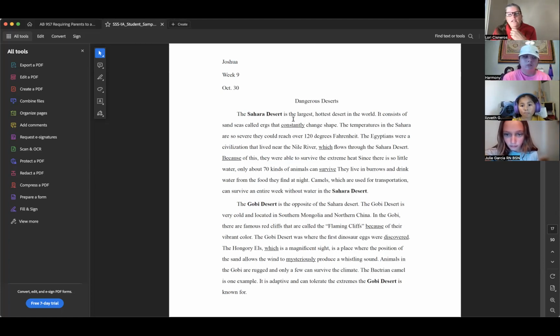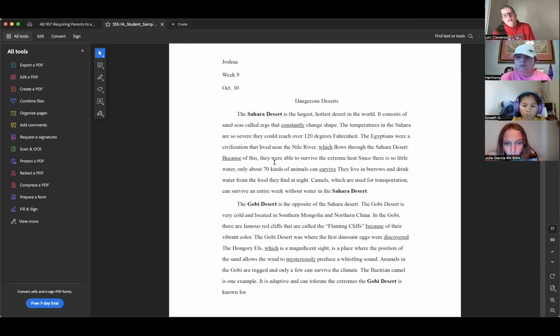So the Sahara Desert is the largest, hottest desert in the world. It consists of sand seas called ergs that constantly change shape. The temperatures in the Sahara are so severe they could reach over 120 degrees Fahrenheit. The Egyptians were a civilization that lived near the Nile River, which flows through the Sahara Desert.